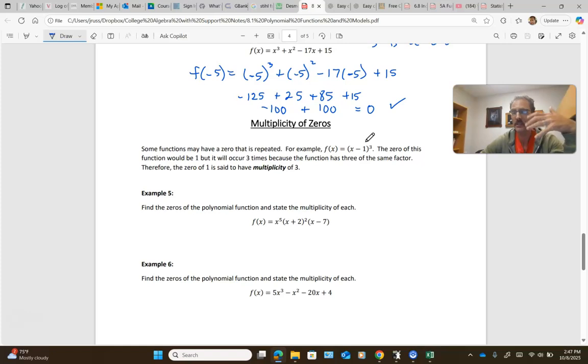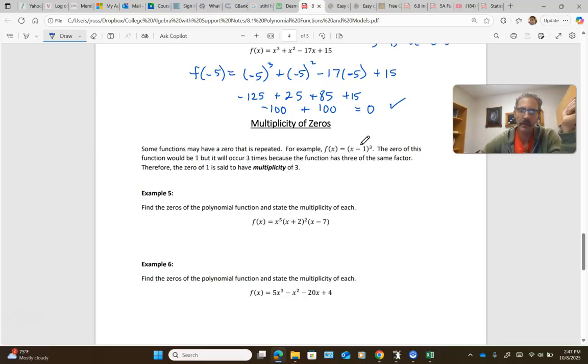Now this is not written in standard polynomial form. It's actually written in factored form. But if you were to expand this by multiplying x minus 1 times x minus 1 times x minus 1, you're going to get a cubic function. It'll be x cubed plus something x squared plus something x plus your constant.